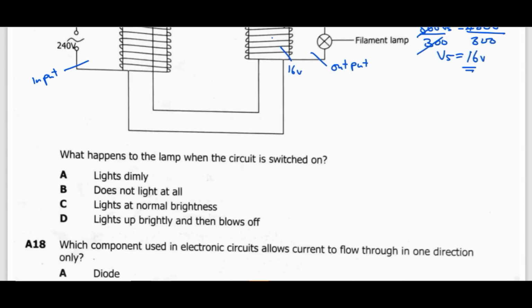So the answer here is D, because there will be too much voltage here, such that the filament lamp cannot contain the voltage which will be produced. So therefore it will light brightly, yes, but this filament will do what? Will blow off. So the answer is D there.